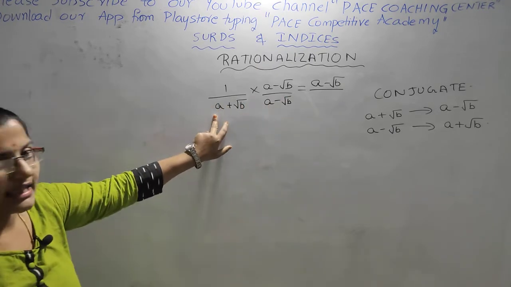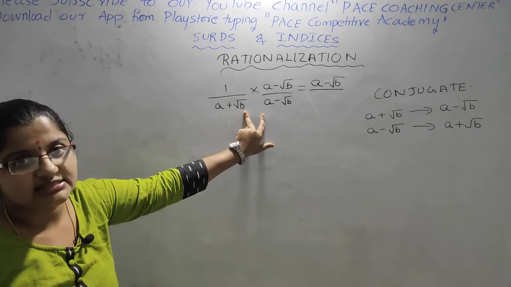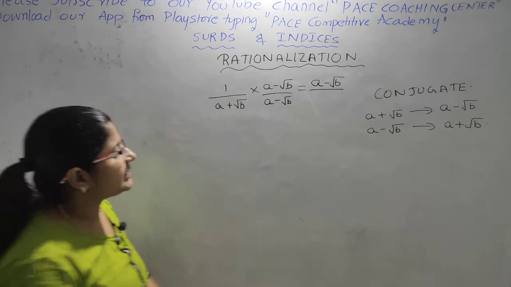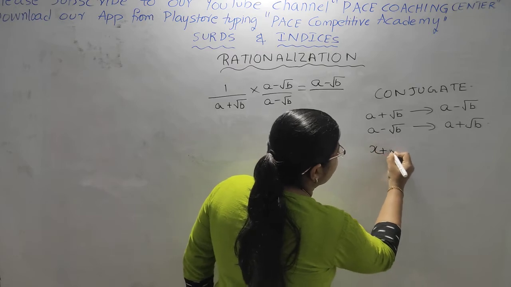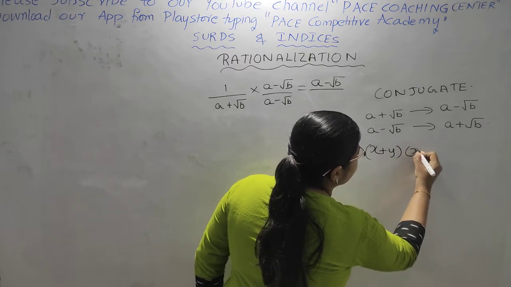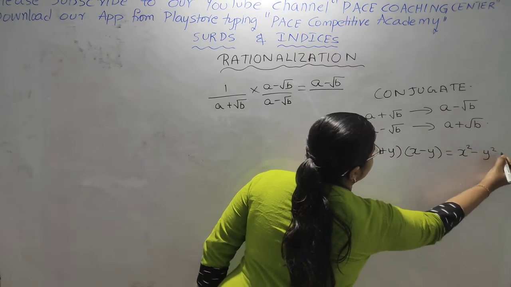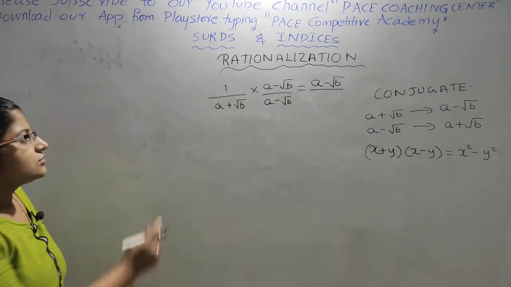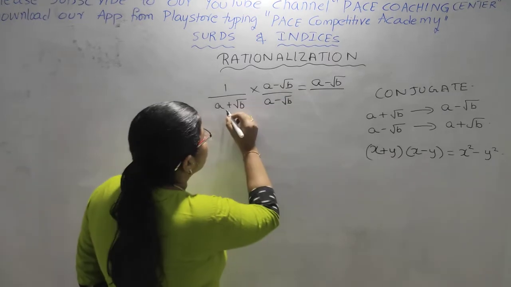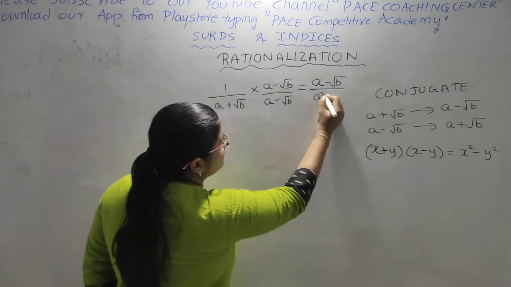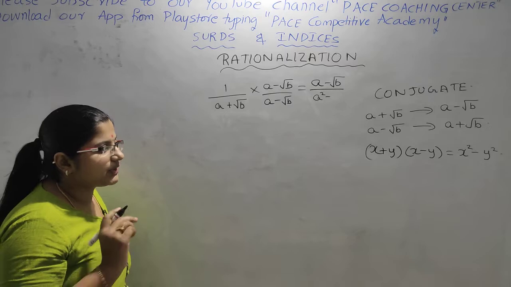In place of x, a is there, in place of y, root b is there. So x plus y into x minus y is nothing but x square minus y square, right? So here what we will get? a square minus root b square.